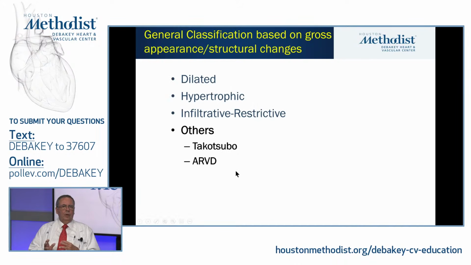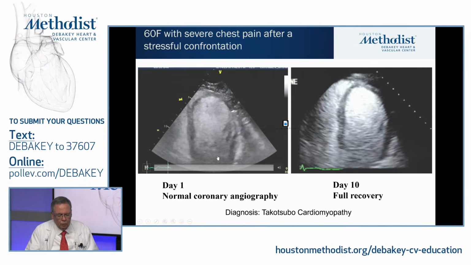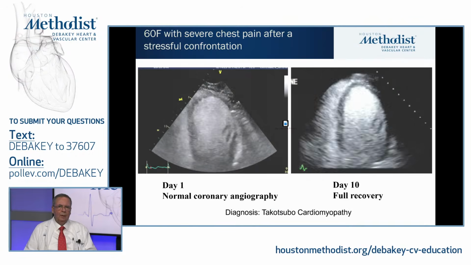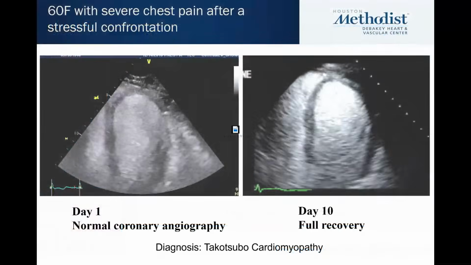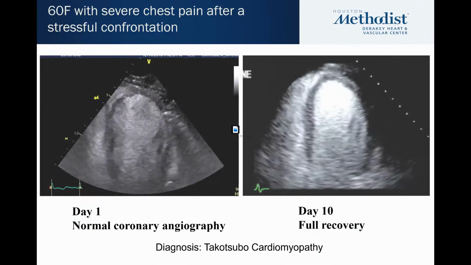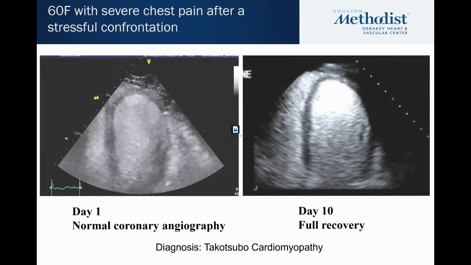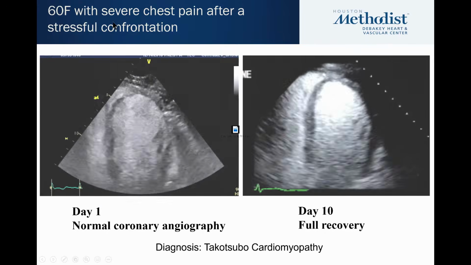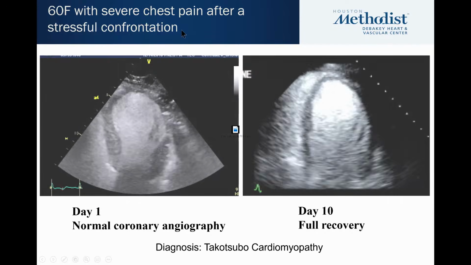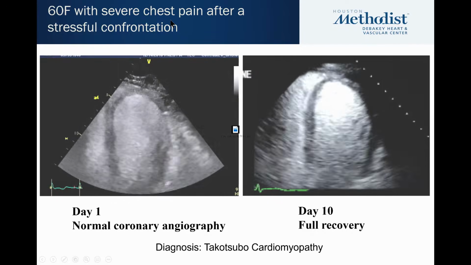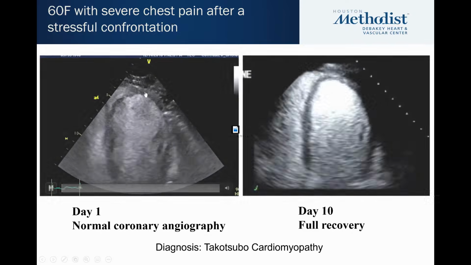Finally, a few of the others that are commonly seen. Takotsubo, I think, is quite known by everybody now. It is one of the non-coronary ischemic causes of myocardial infarction. Patients frequently present following a very stressful situation, and they come in with an acute MI.